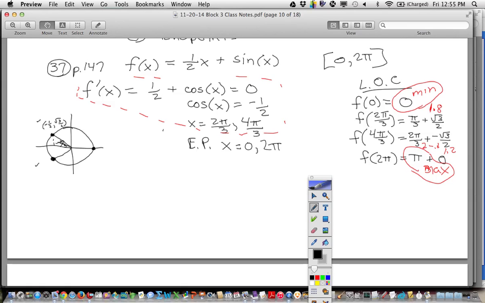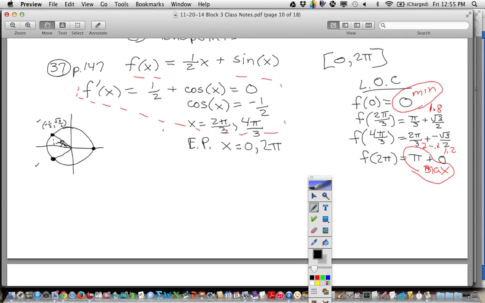But now let's think about this for a second. If a function never has stationary points, what's that mean? It's got to always be going up or always going down. It can't turn around. If it turns around, it's got to have a slope of 0. Unless it did something weird like a sharp point, but we're not doing that right now. So it's always going up or always going down.